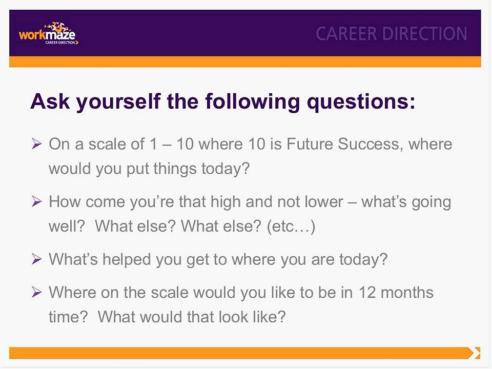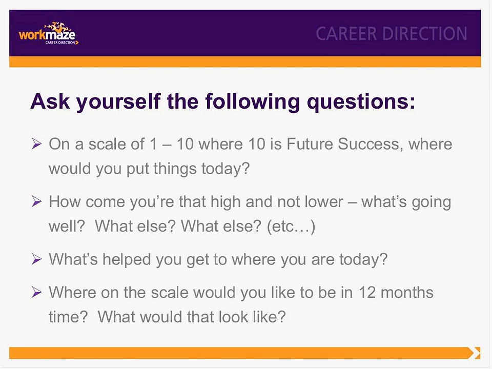What's going well in terms of your current position? And ask yourself that question a number of times, so you're not just thinking about the things that come to the surface of your mind, but actually really probing beneath the surface. And to help you, you might actually want to get somebody else to ask you these questions.